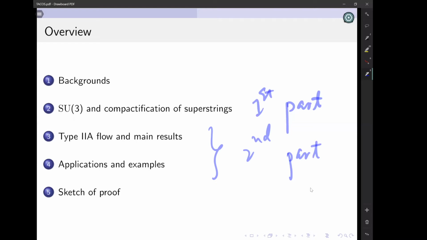I will first talk about what is the Type IIA flow we introduced and the main results, and then I'll say something about applications of our flow and also give some examples. And finally, if we have time, I'll also mention the proof of our theorems.